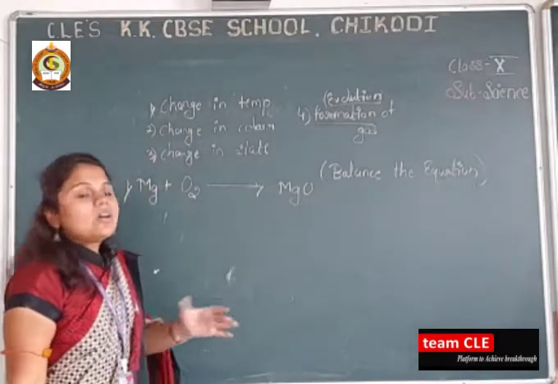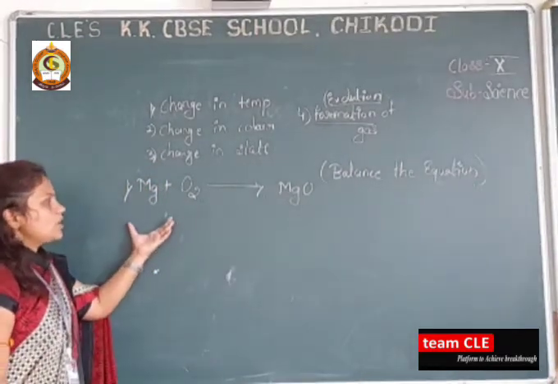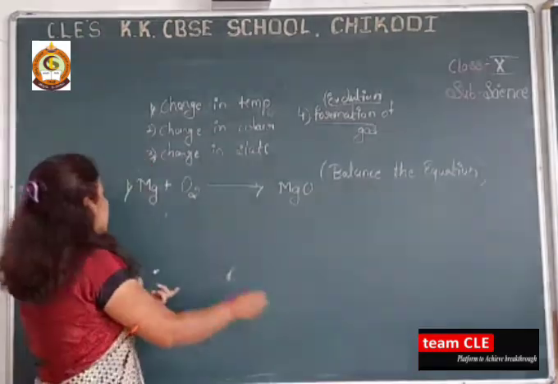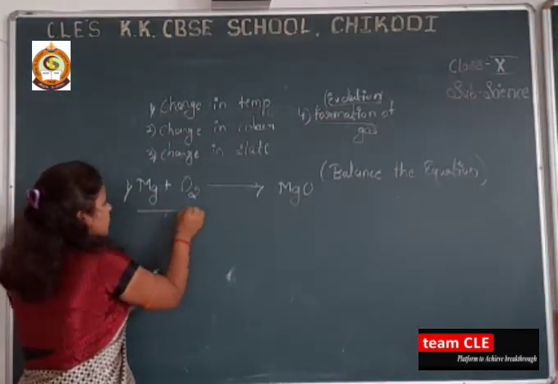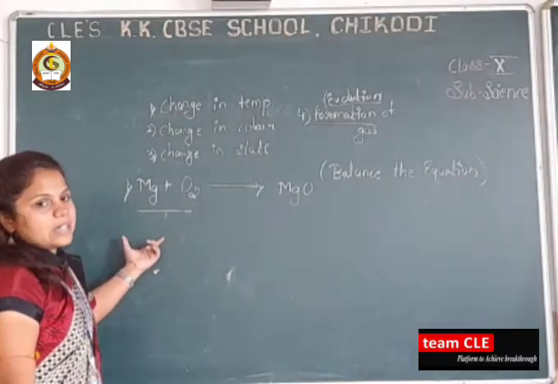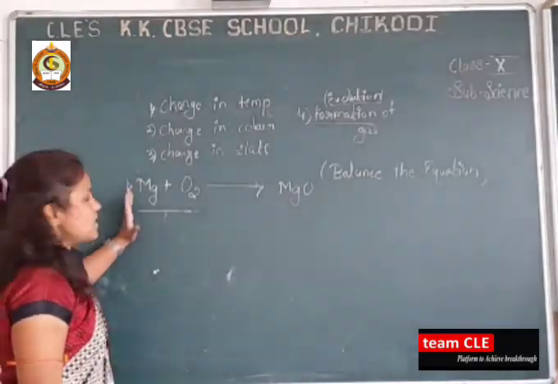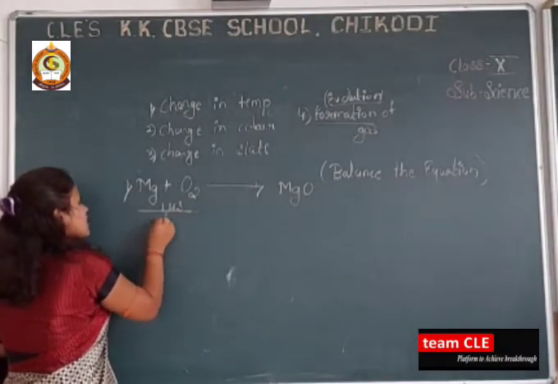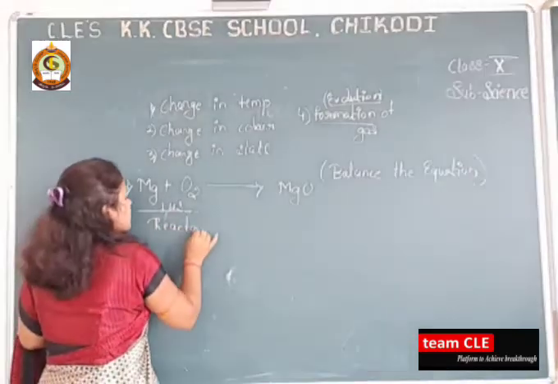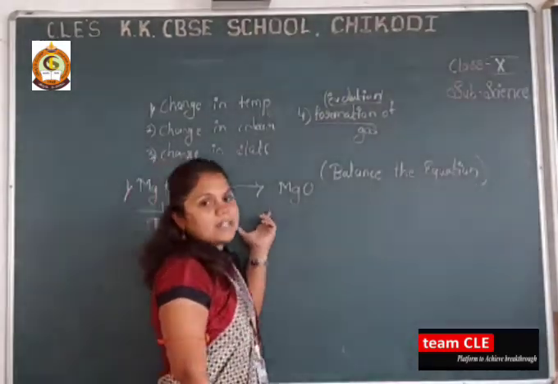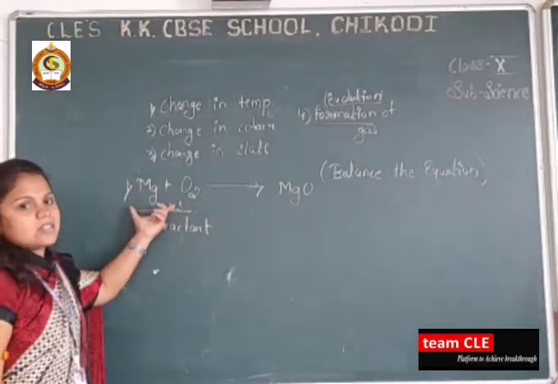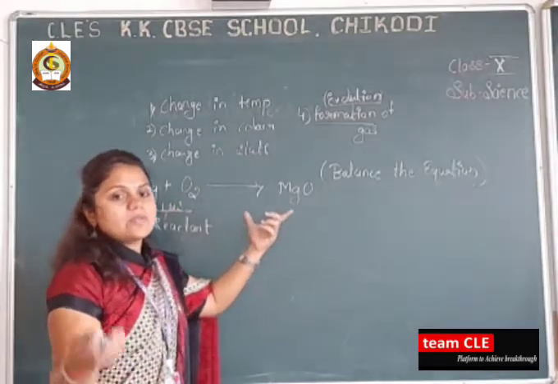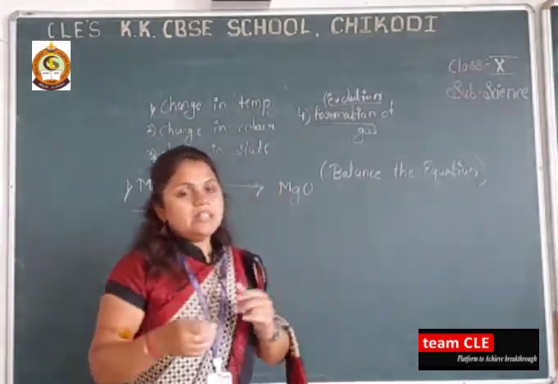When you check the reactant and the product, while writing the chemical equation, what we write on the left hand side, the LHS, is the reactant. We take the reactants for doing the chemical reaction.